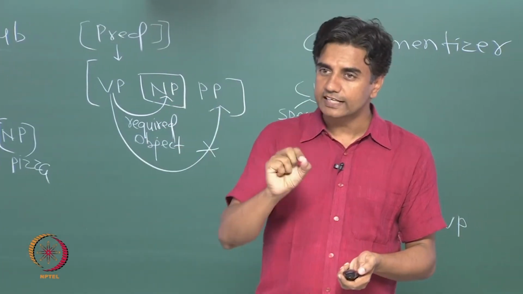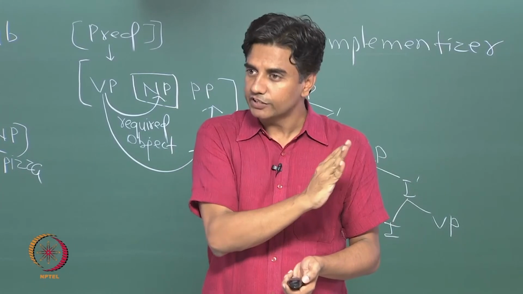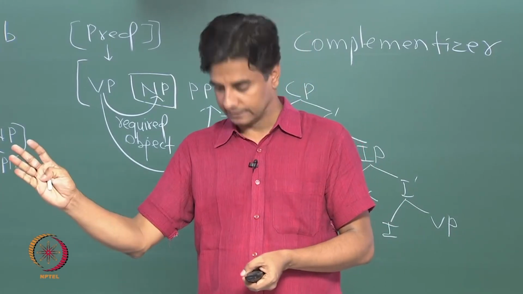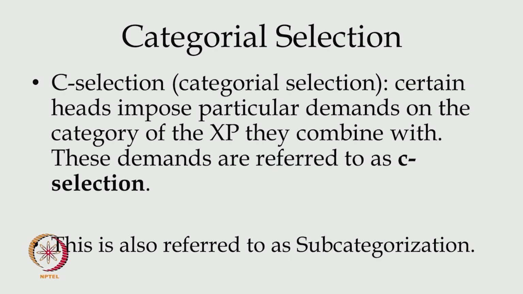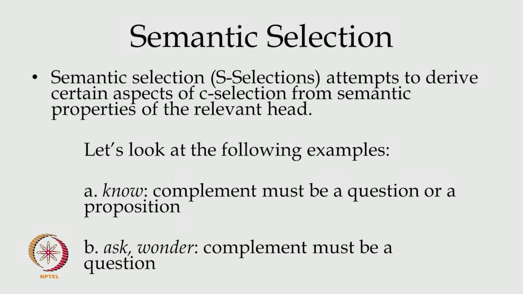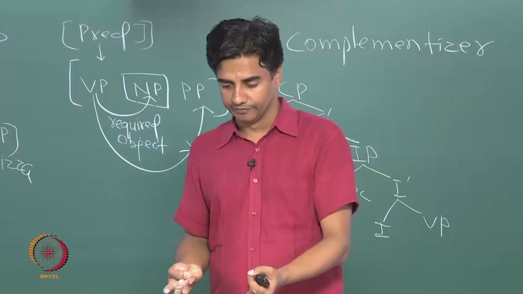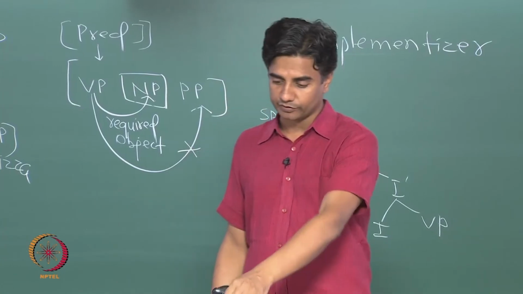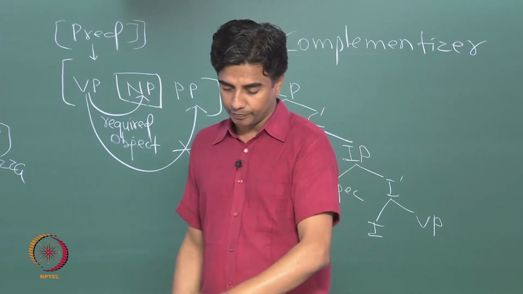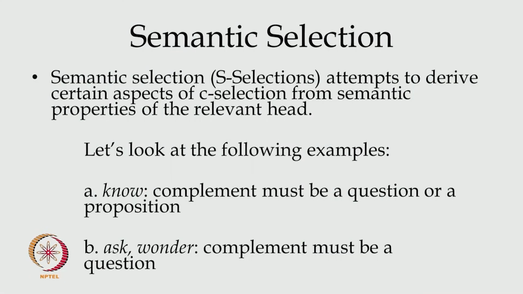Categorical selection is a syntactic notion. Semantic selection, or S-selection, is a semantic notion by definition. Similarly, for heads like "ask" and "wonder," we can say complements must be a question.